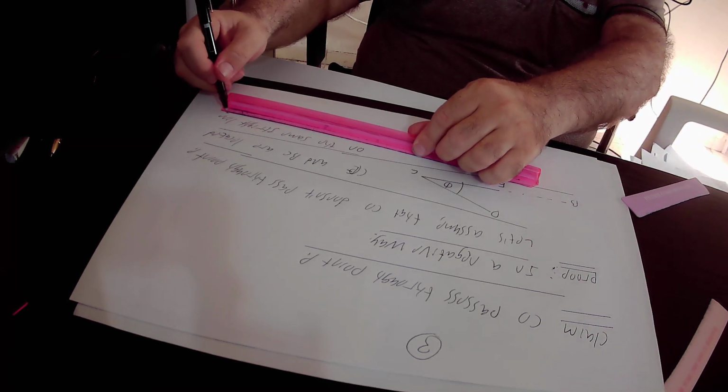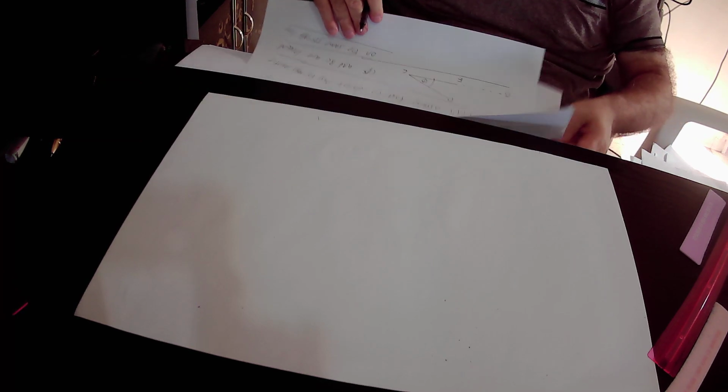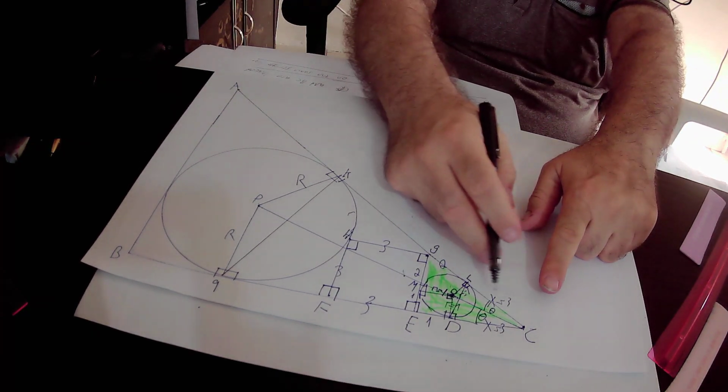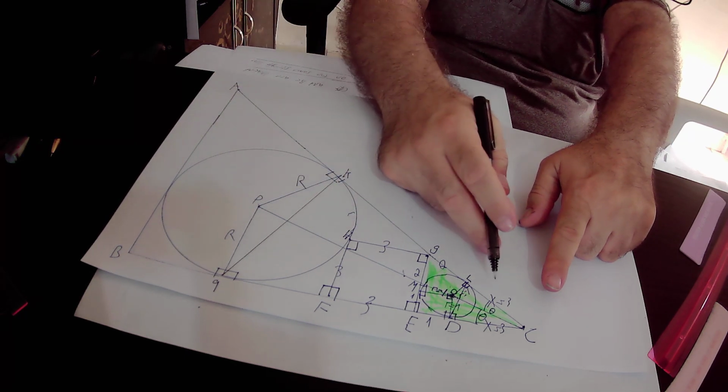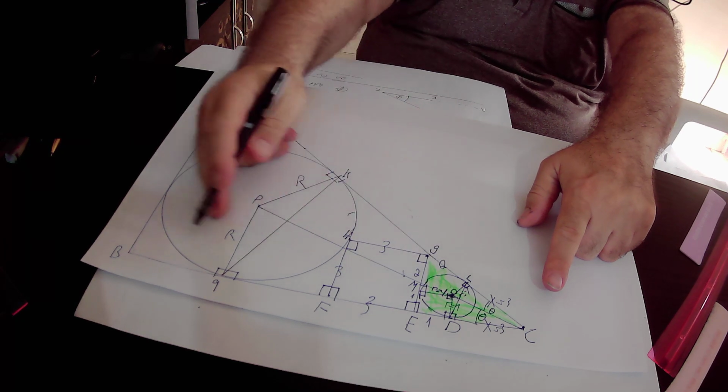Because CE is part of BC, it is obvious that they are located on the same straight line.